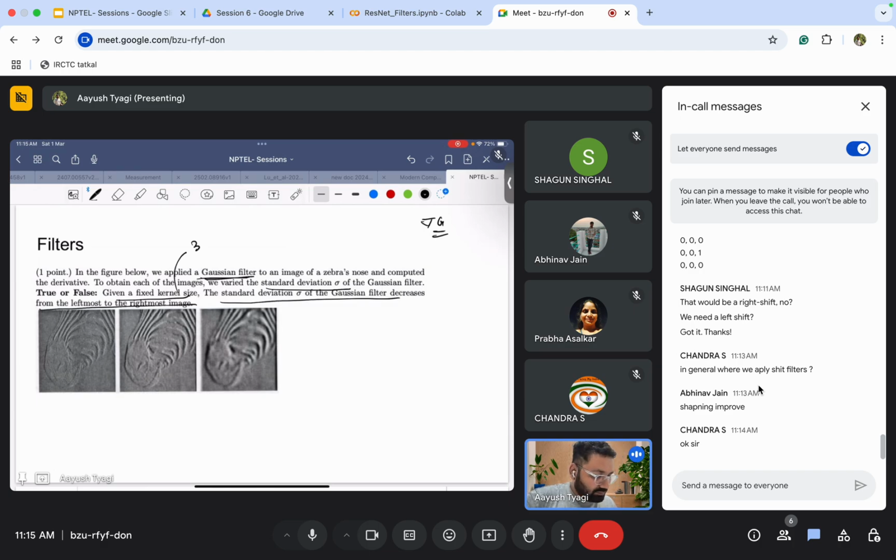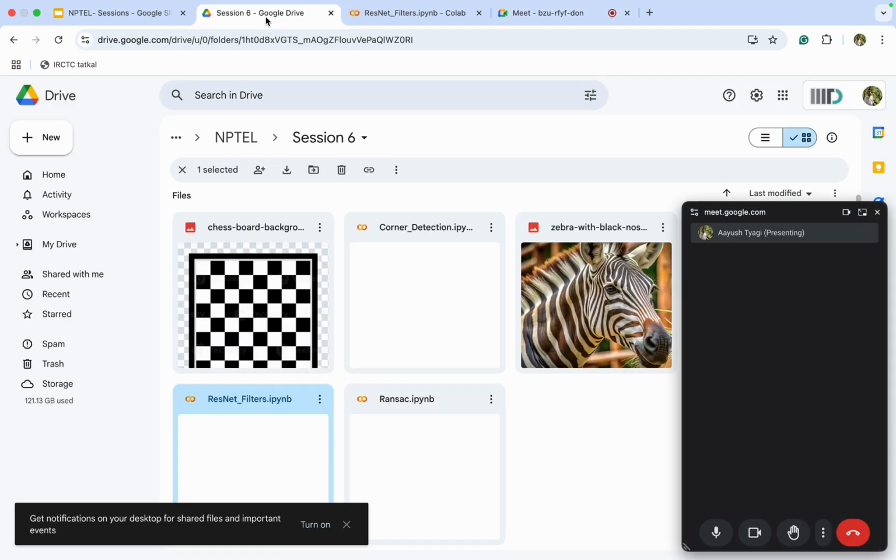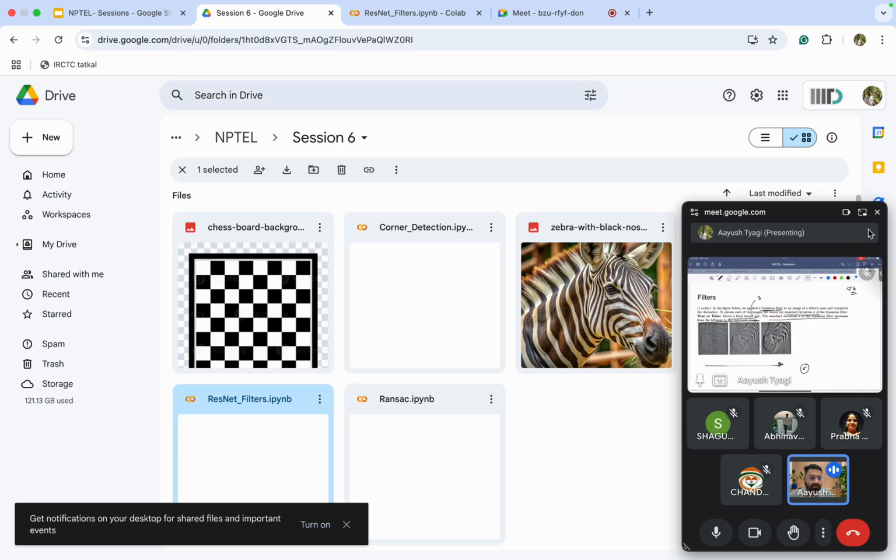So moving from leftmost to rightmost, what should be the effect of standard deviation? Any comments? Meanwhile, I'll open up the next notebook.